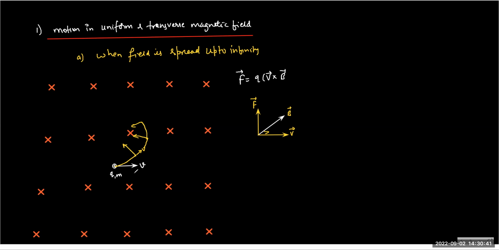And therefore, the only possible path here is, because the force is constant, so if we have a constant force acting always at right angle to the velocity, the path is going to be circular. So eventually, the path that this particle will traverse is a circular path. And it will have a finite radius.